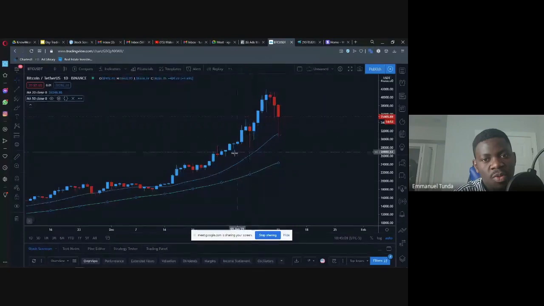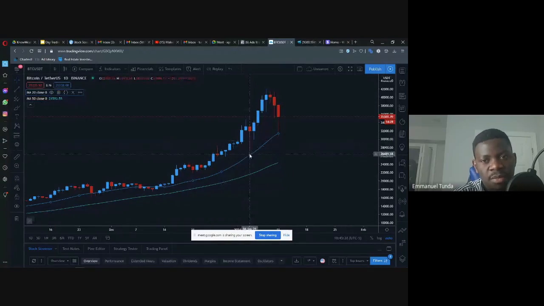What you want to look for is a pullback, for you to either get in the market if you were not in yet, or to reinforce your position if you were already in. And what will tell you when the pullback is? What you're going to do is wait at the 20 moving average.